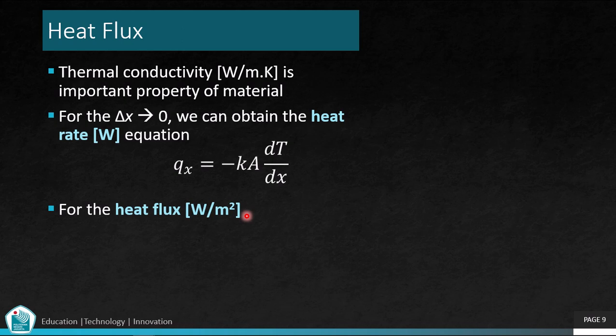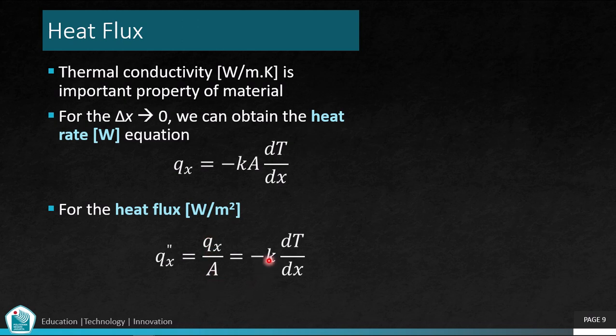So the heat flux can be written as Qx with the double prime, meaning per square meter, or the heat rate Qx divided by the area.